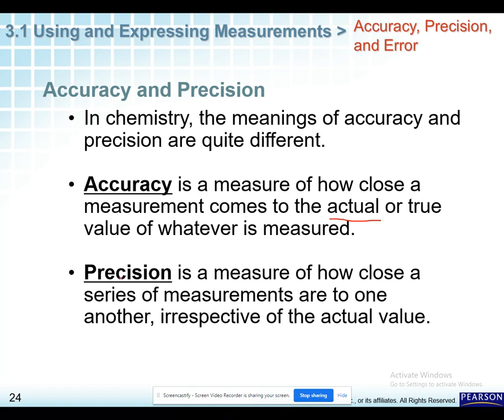Precision is a little bit different. Precision is the measure of how close a series of measurements are to one another. So for example, if I was measuring out 15 milliliters of water and I measured out 11, 11.1, 11.2, those are all around the same measurement, so they are precise. Now this is irrespective of the actual value, so even though all those measurements are around 11, we're not close to 15, that's okay, we're still precise.